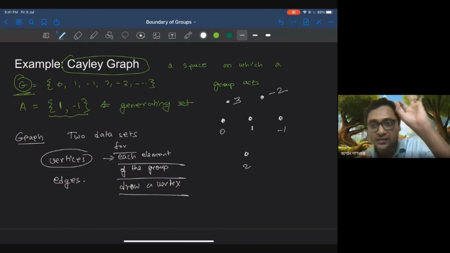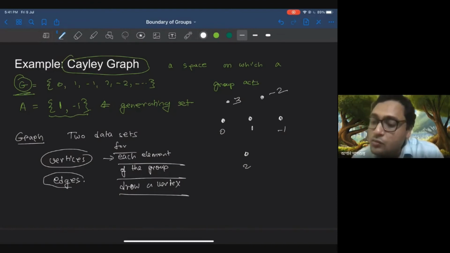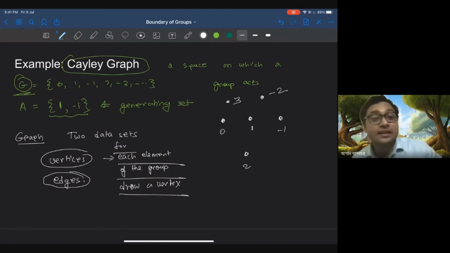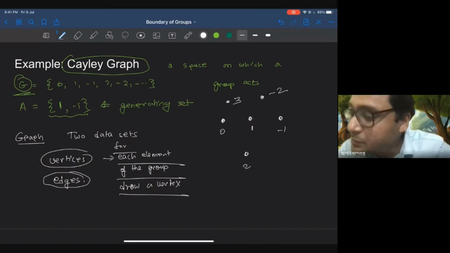You think about it as a vertex. Now you just have to think about what the edges are, because if you tell me the vertices and if you tell me the edges, you are actually telling me the graph. So how do you define the edges? It's again very simple.